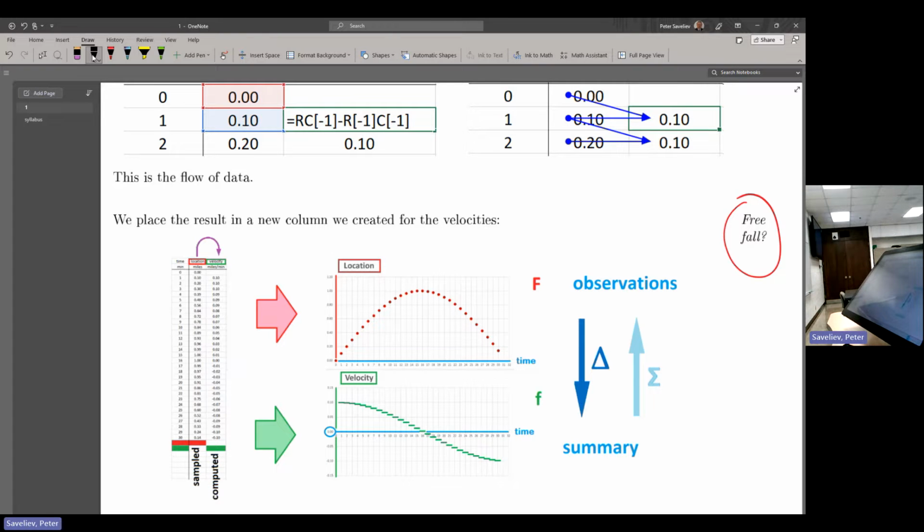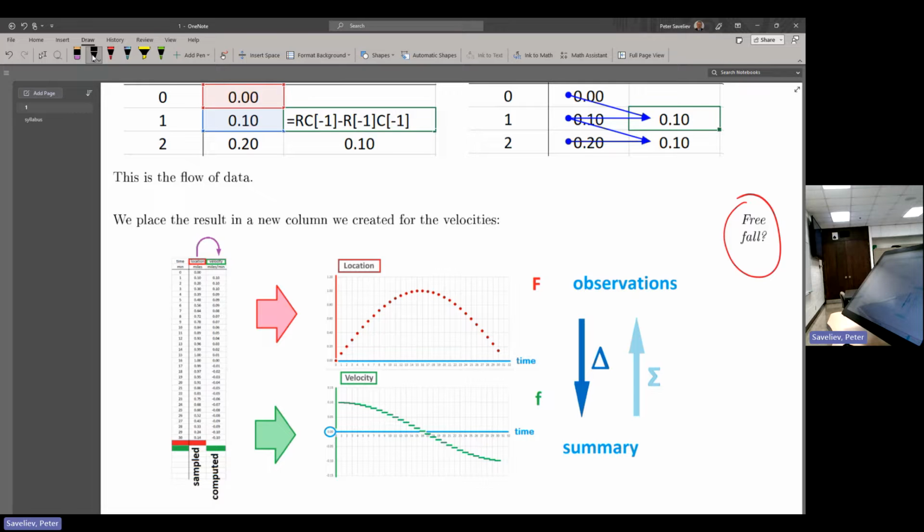Once again, it goes up, slows down, stops at the top, then starts to accelerate down. That's what the graph in red is that we recorded from observation. That's what it looks like. The description that we produced verbally might be describing free fall.